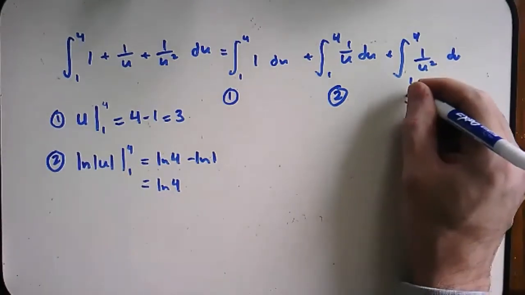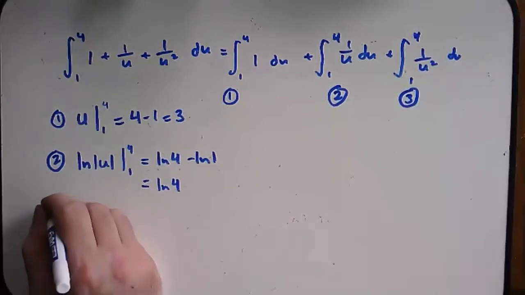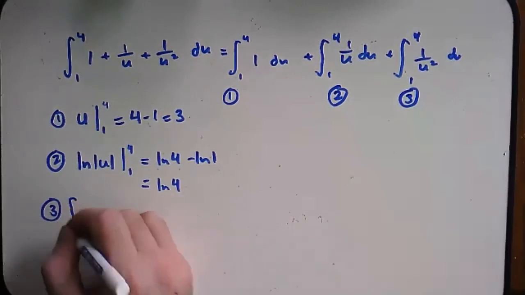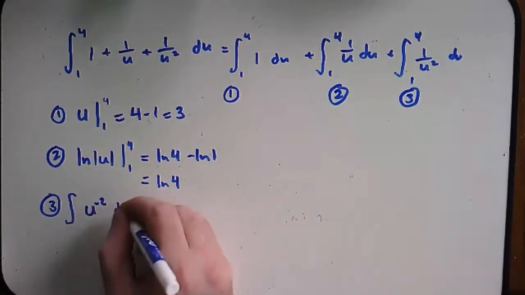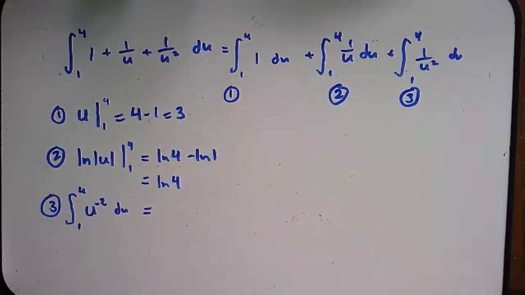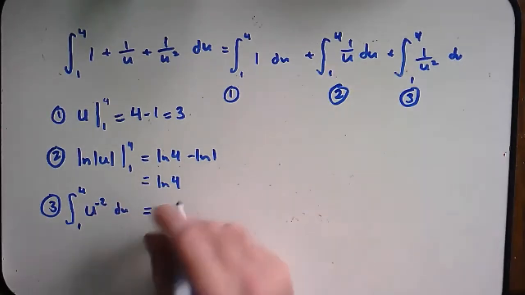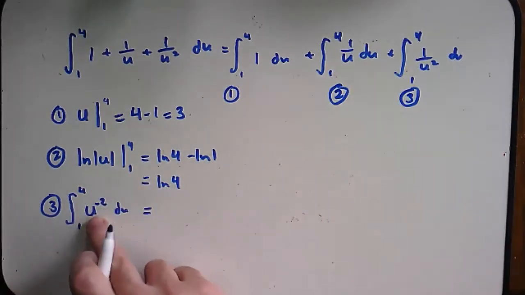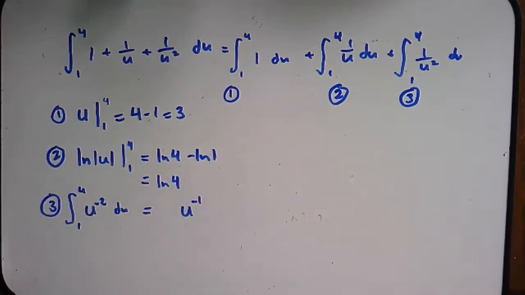And our third definite integral, 1 over u squared, well, let's see. I'm just going to recopy that. So let's have that be u to the -2nd power. And so anytime we have a power of x or a power of u, as long as it's not the -1st power, we can just use our general power rule, which says add 1 to the exponent. So -2 plus 1 is -1.